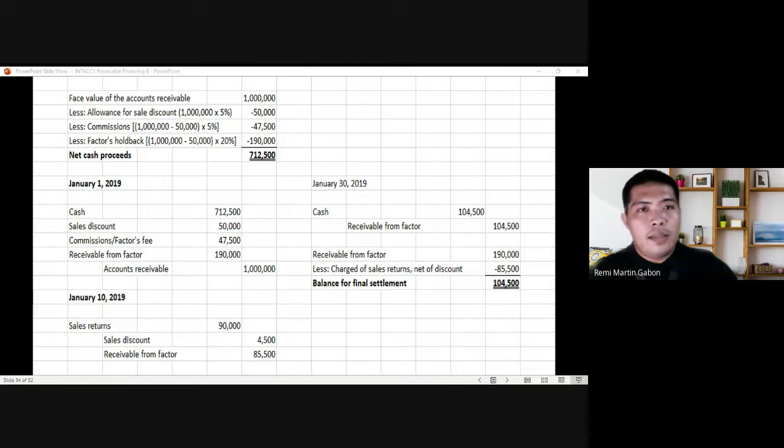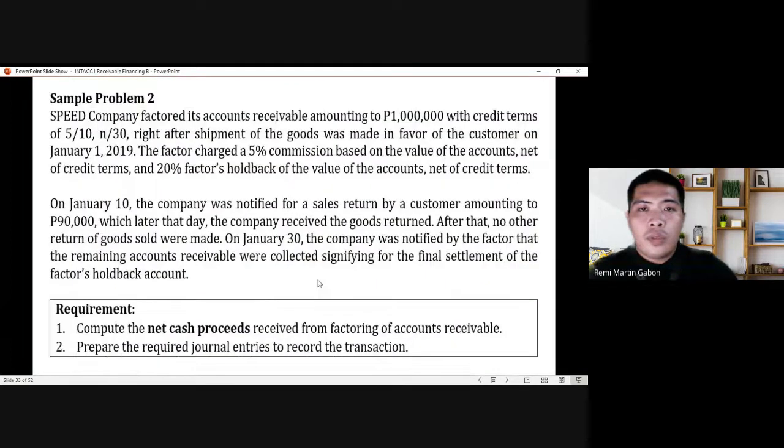Then for January 30, 2019, to recognize that there was a notification by the factor that the remaining accounts receivable were collected, meaning the accounts receivable were of good quality. Therefore, all of the accounts receivable except for the sales return were collected.